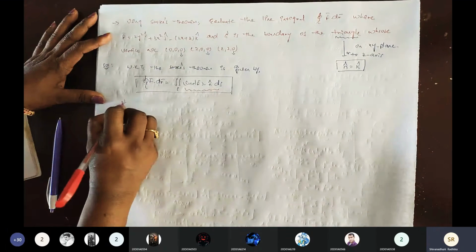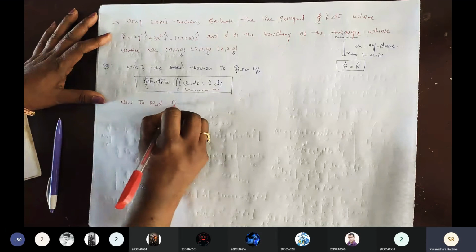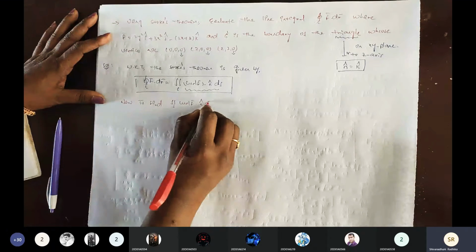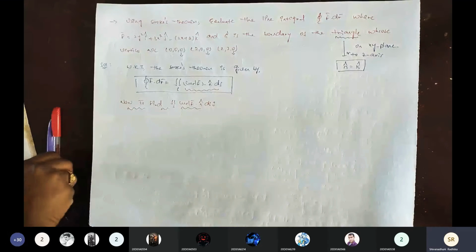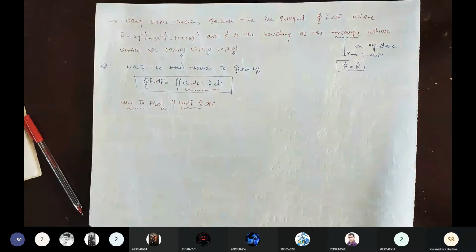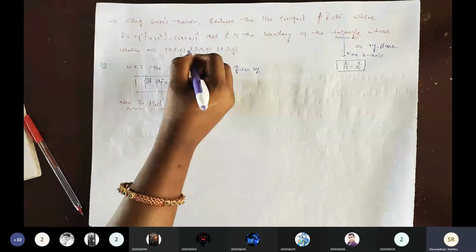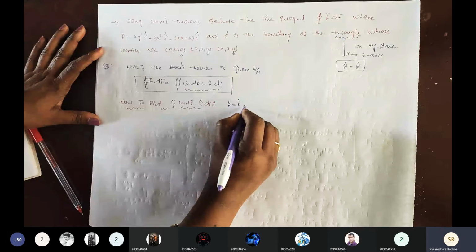Okay. Now, to find the double integral over S of curl F bar dot n cap ds, what are the requirements here? Already we selected n cap by using these 3 points, so n cap equals k cap.